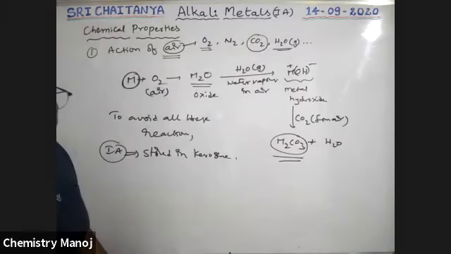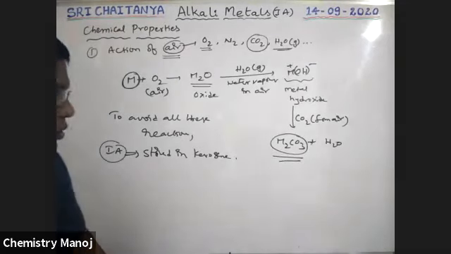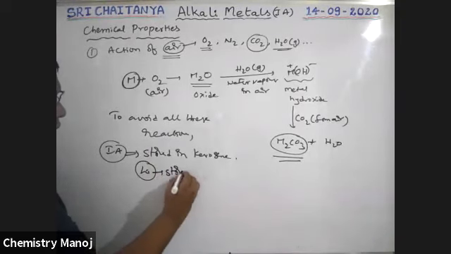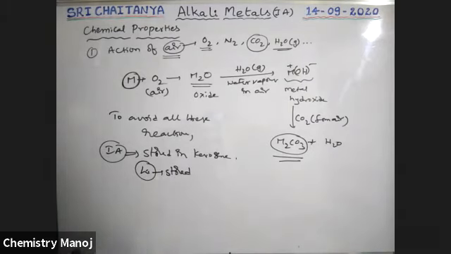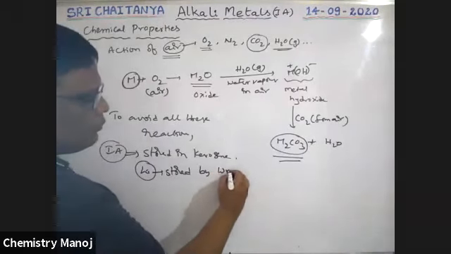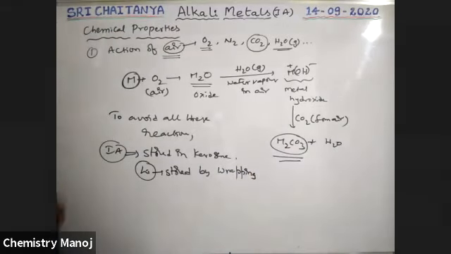It is very, very important, boys. Why are alkali metals stored in kerosene? In particular, lithium is stored differently because it is more reactive. This lithium is stored by wrapping it in wax coated paper.